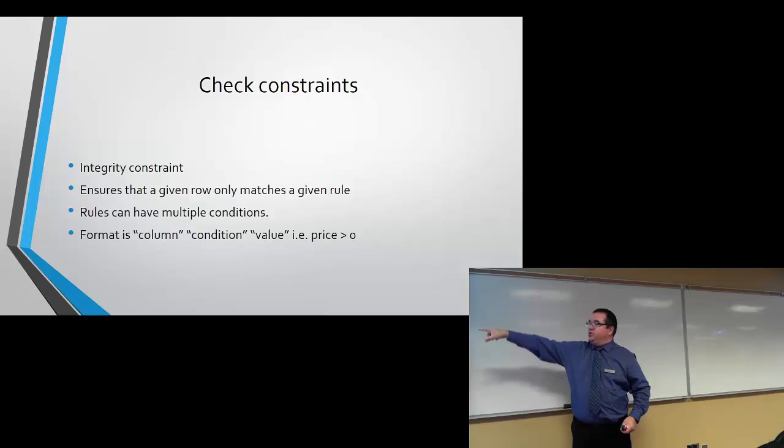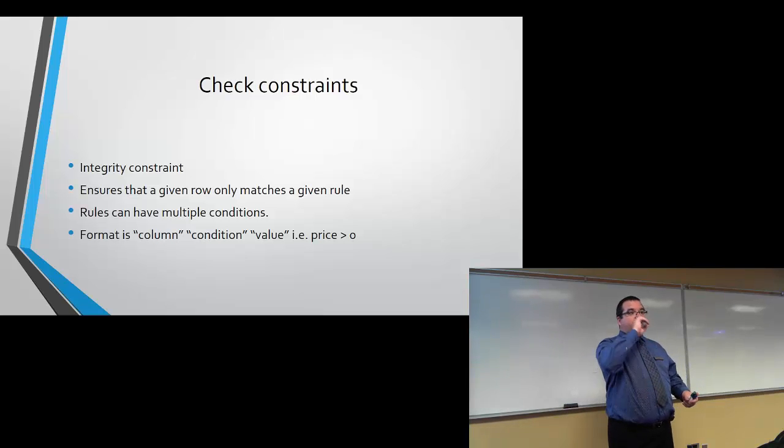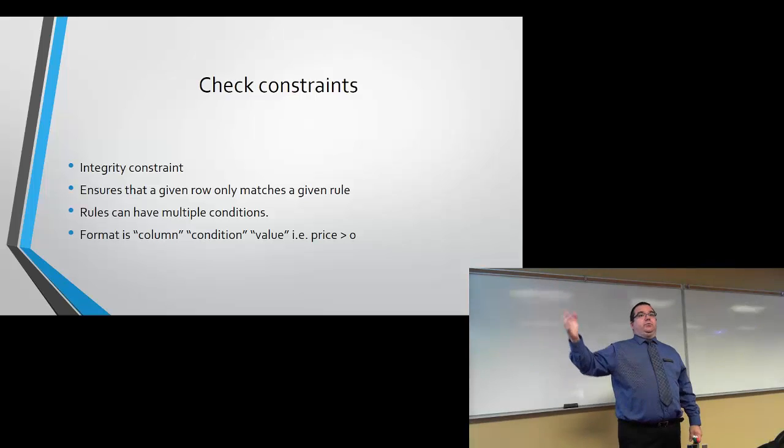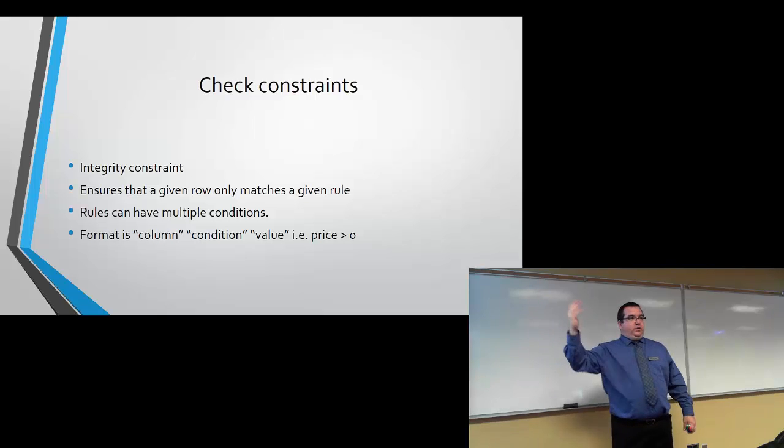You've got the column, condition, and the value. So the column in the database is an attribute, for example, date of birth. Earlier I was joking about not allowing someone more than 100 years old in the course. Date of birth gives me a minimum timestamp. A better example is a price, not allowing a negative price.